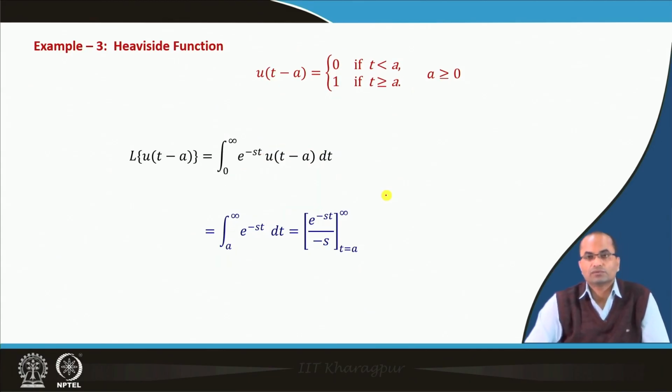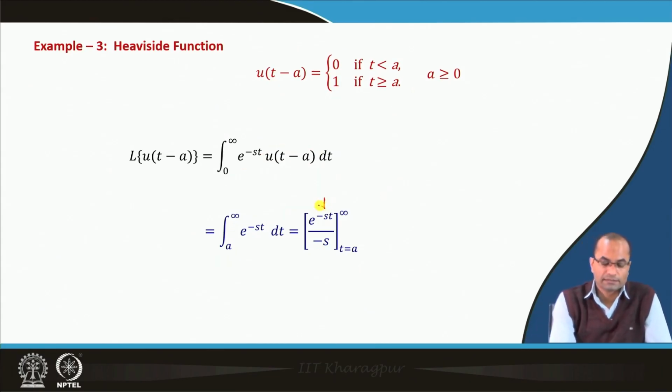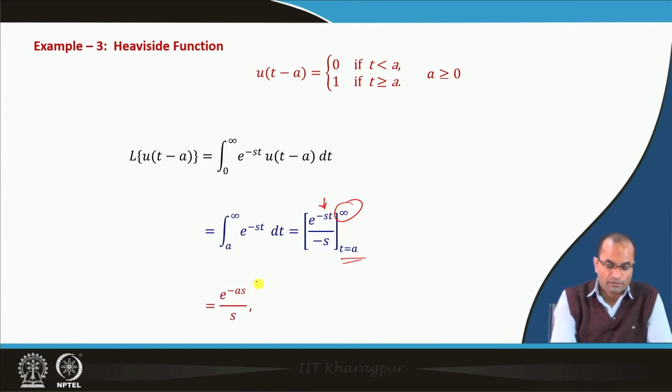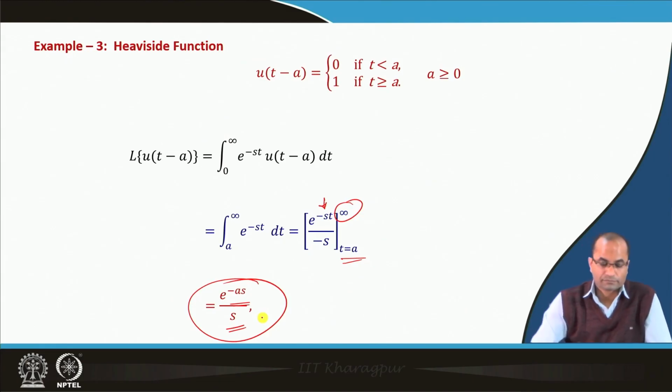Again the same situation: if s, the real part of s, is positive, naturally as t approaches infinity that term will vanish, and when t is equal to a, we can say that it is e^(-as) over s.